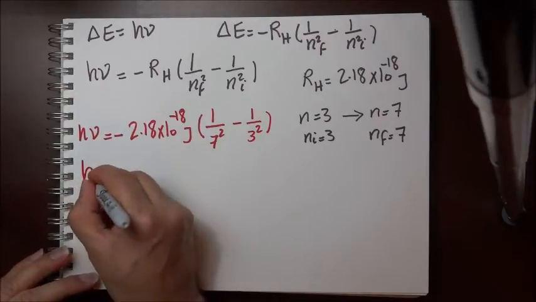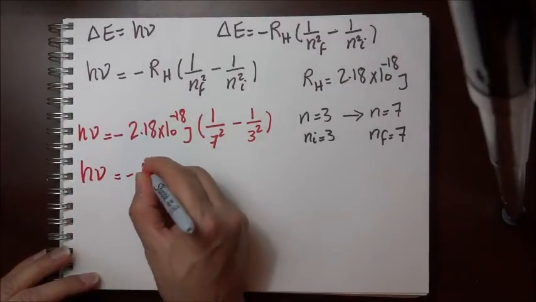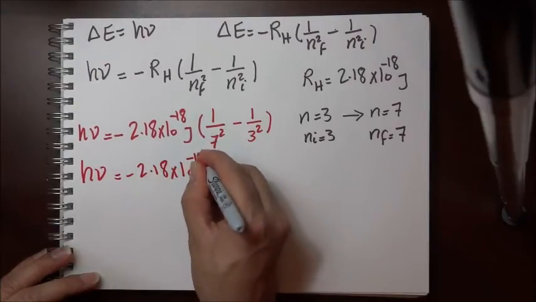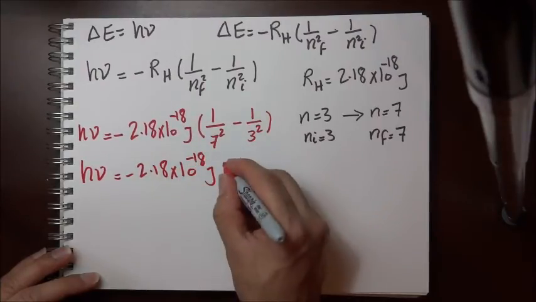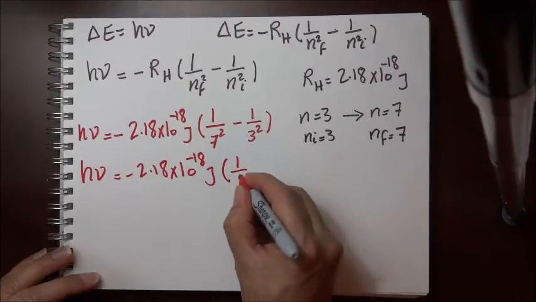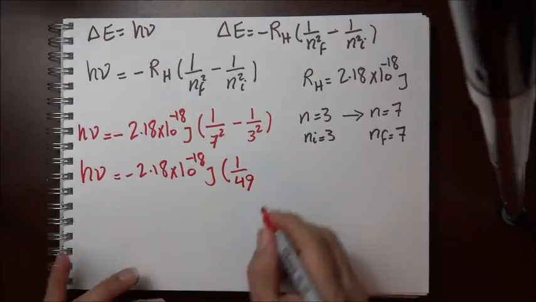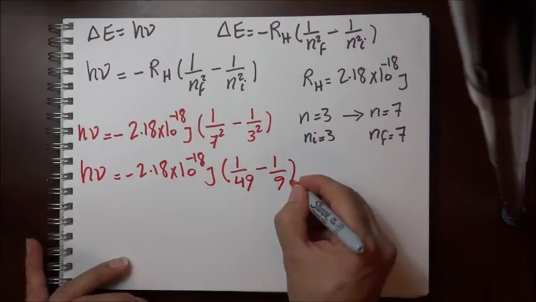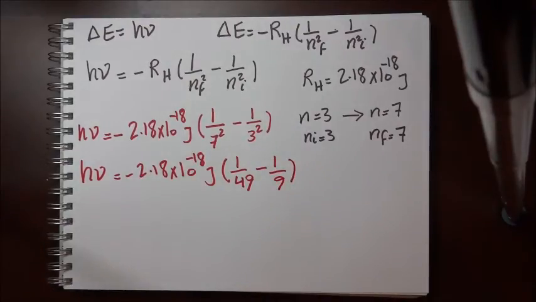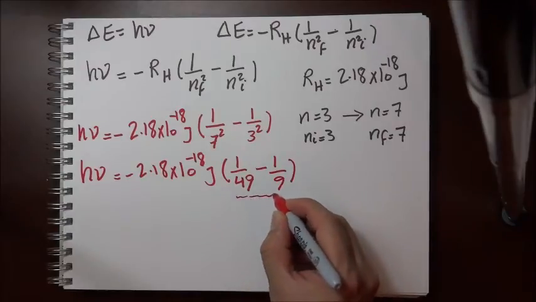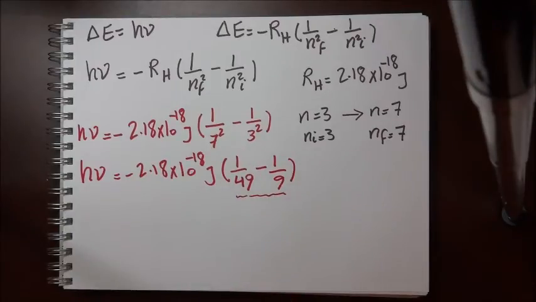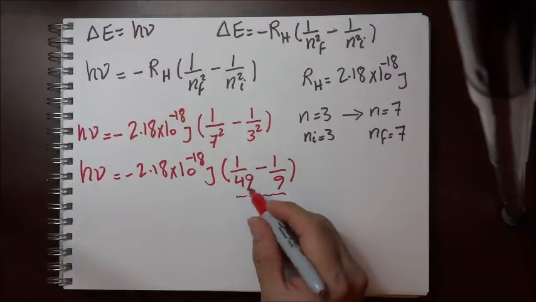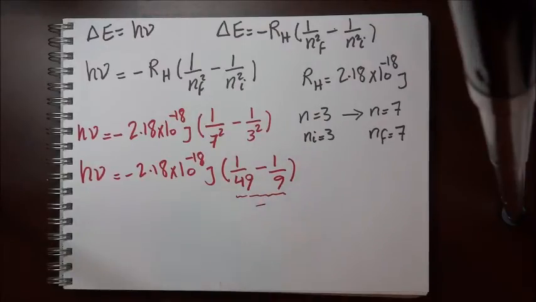So h nu will be minus 2.18 multiplied 10 to the minus 18 joule multiplied by 1 over 49 minus 1 over 9. Hold this part. It has a negative answer.